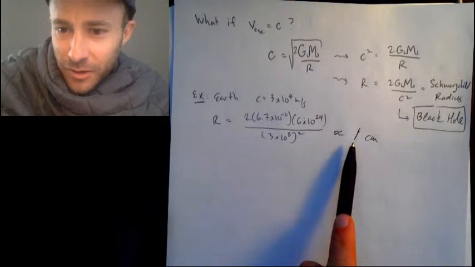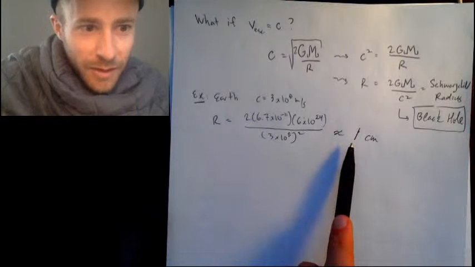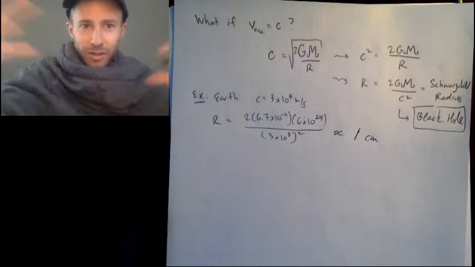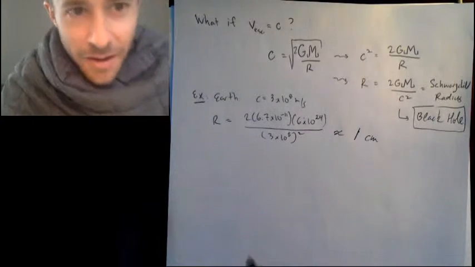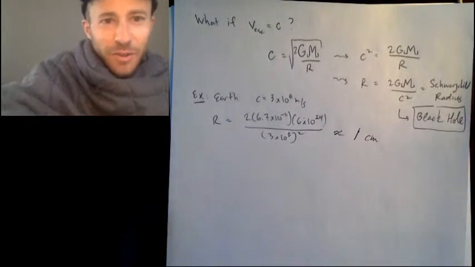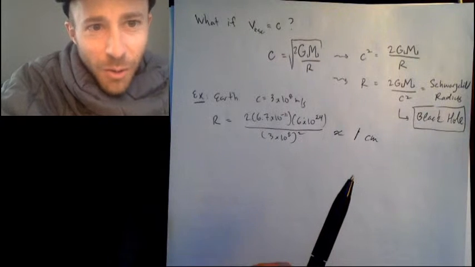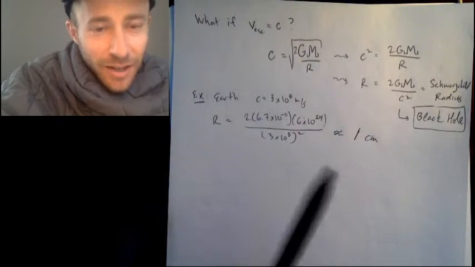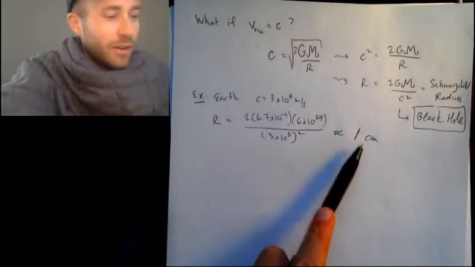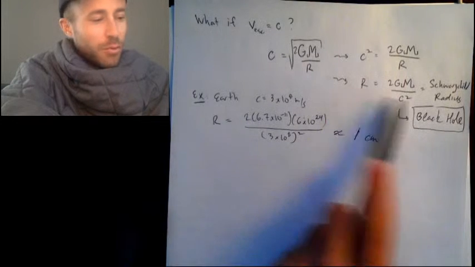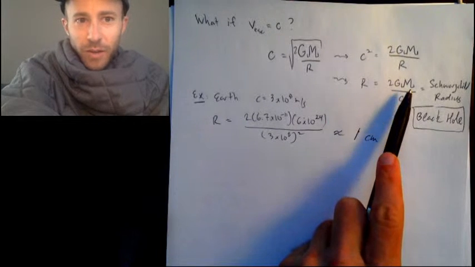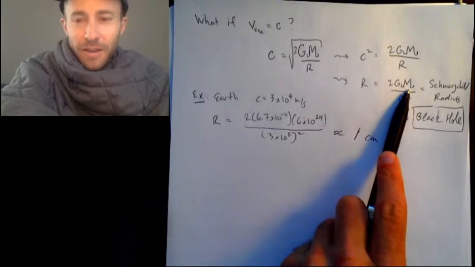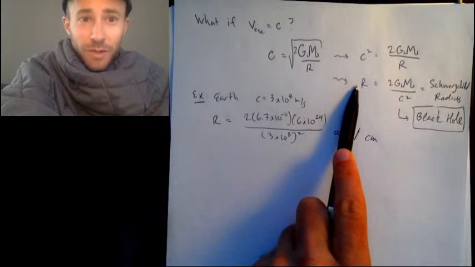It couldn't be dark matter. Dark matter is too diffuse. Dark matter is never concentrated. It's always spread out. So imagine if there was a black hole with 10 times the Earth mass. See how the Schwarzschild radius is proportional to the mass. So if we have 10 times the mass of the Earth, then it's going to have 10 times the Schwarzschild radius.